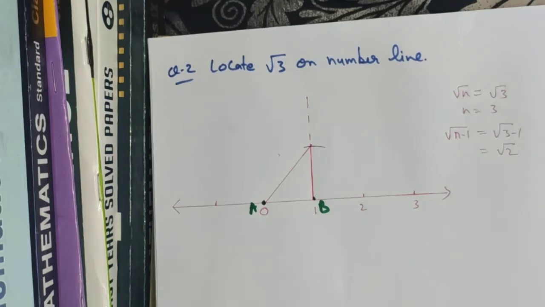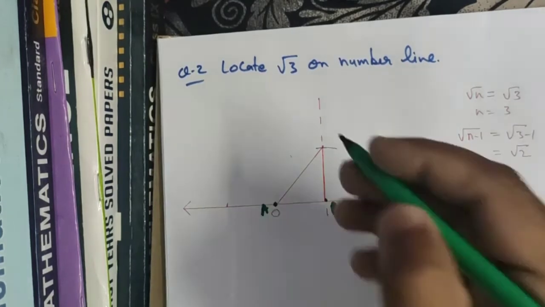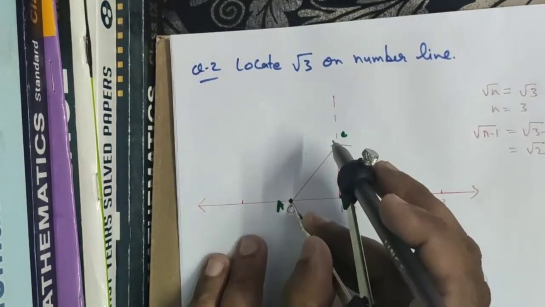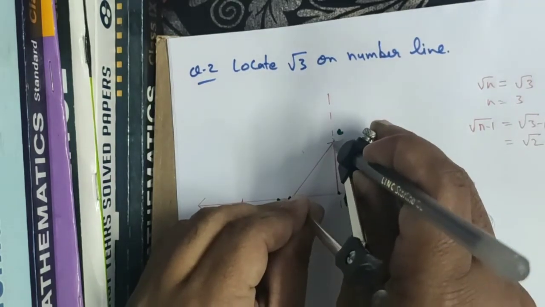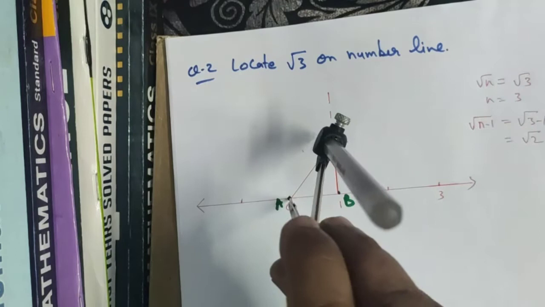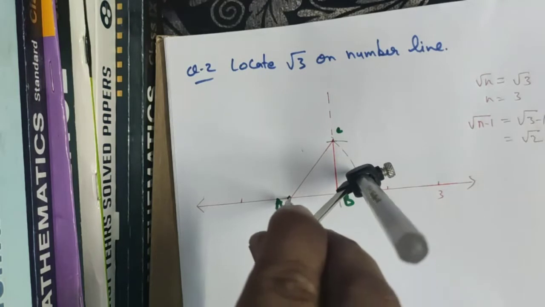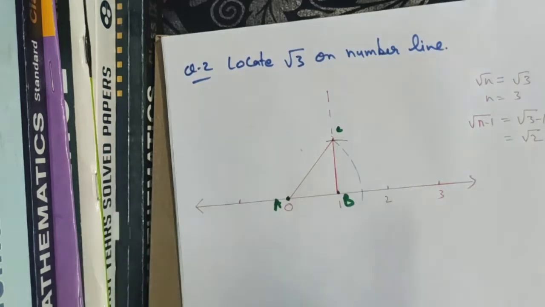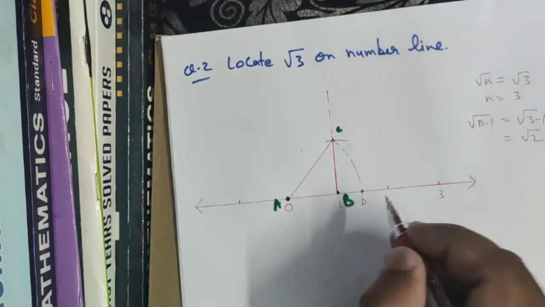So taking the measurement equal to AC, we will draw an arc such that it intersects the number line at point D. This point D is root 2.